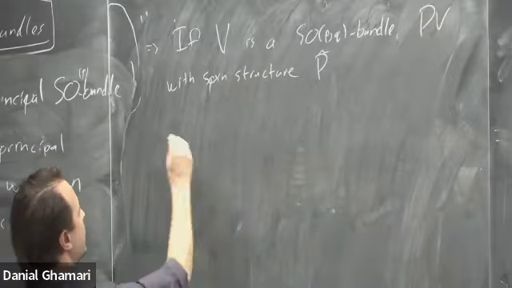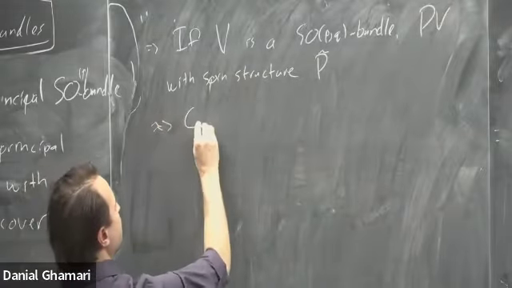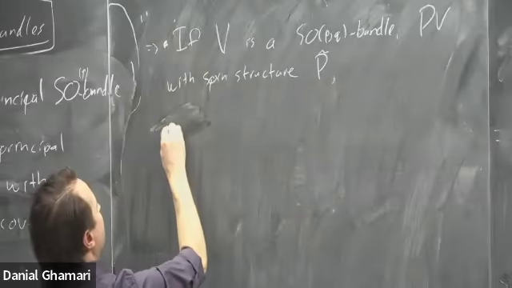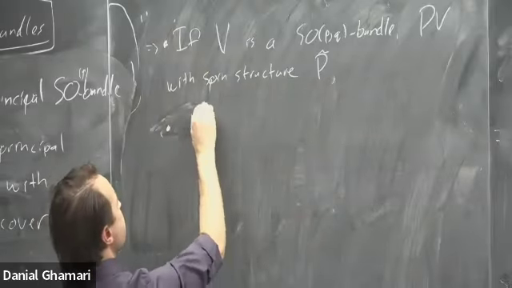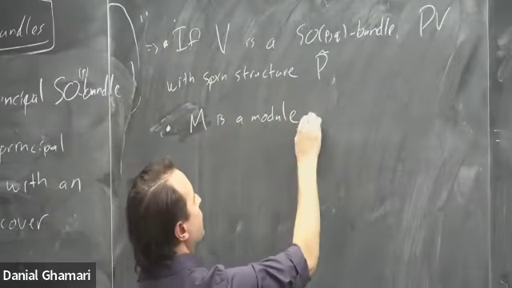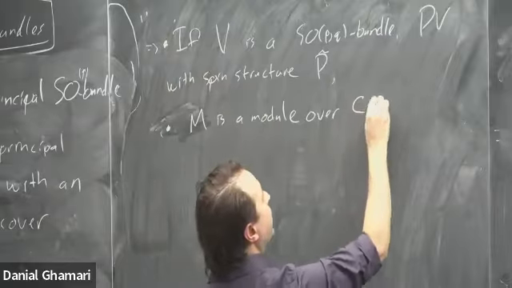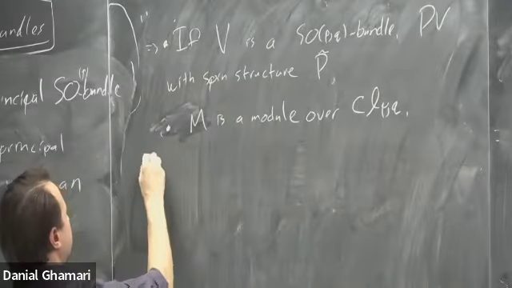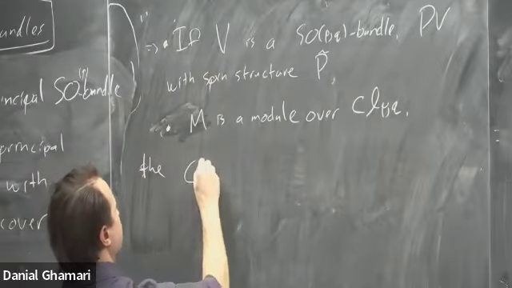If we have such a thing, and suppose M is a module over the Clifford algebra of the signature, then we get the Clifford algebra bundle.